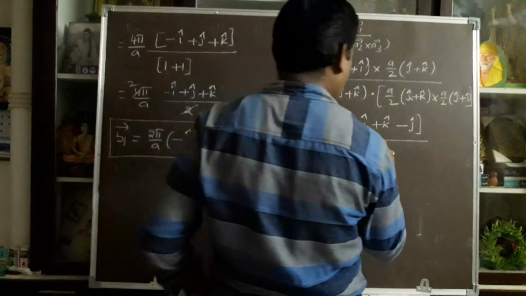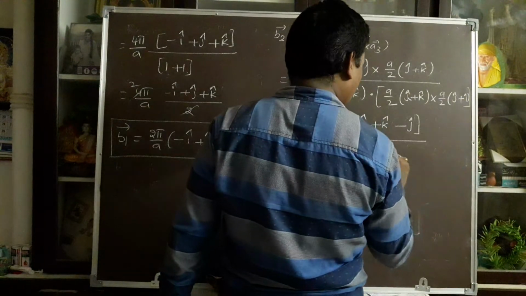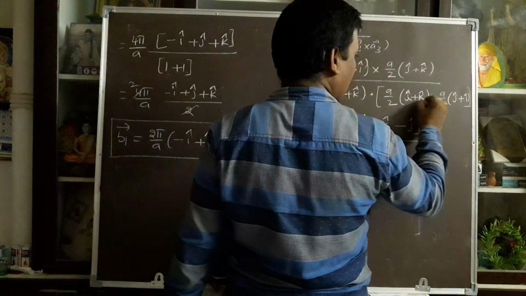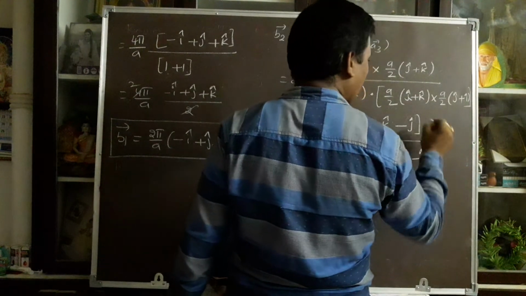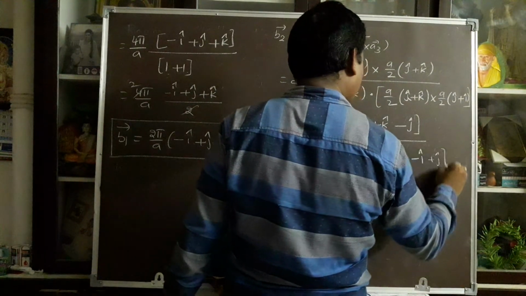That was not the correct value. What you get: i bar cross j bar is k cap, i bar cross i bar is 0, k bar cross j bar is minus i cap, k bar dot i bar plus j.